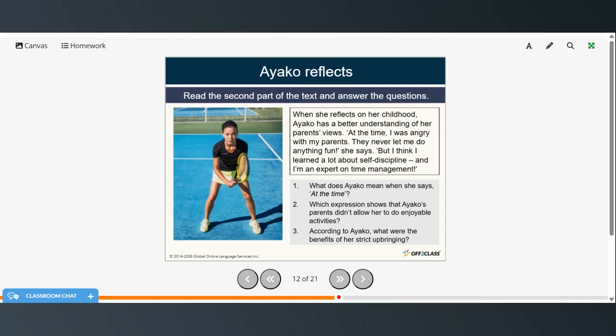Which expression shows that Ayako's parents didn't allow her to do enjoyable activities? Well, when she says "they never let me do anything fun." And according to Ayako, what were the benefits of her strict upbringing? She learned a lot about self-discipline, and now she's an expert on time management.